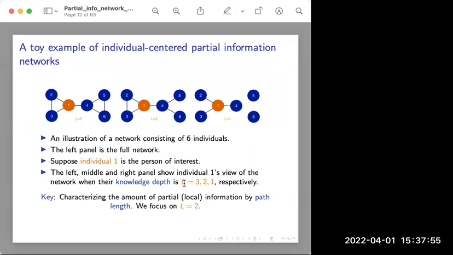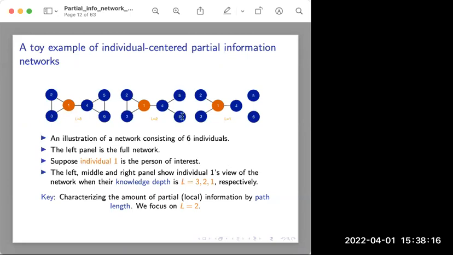So for example, when L is equal to 1, this is the rightmost panel, the person only gets to observe the edges directly connected to them. And when L is equal to 2, then compared to the full network, the only missing edge is between individual 5 and 6.